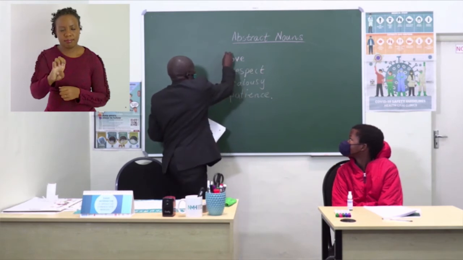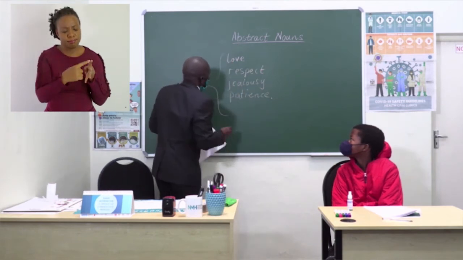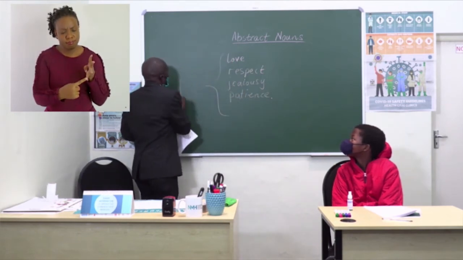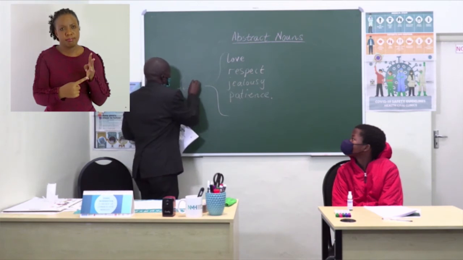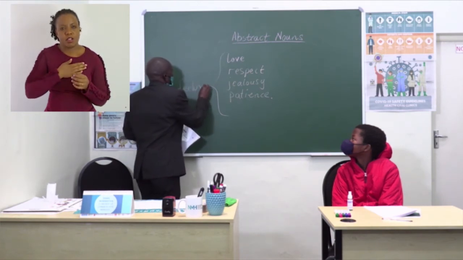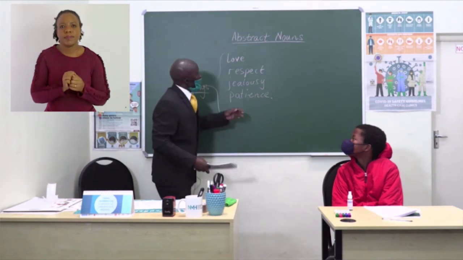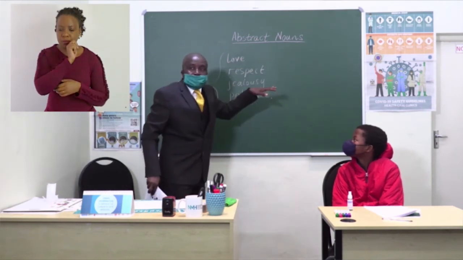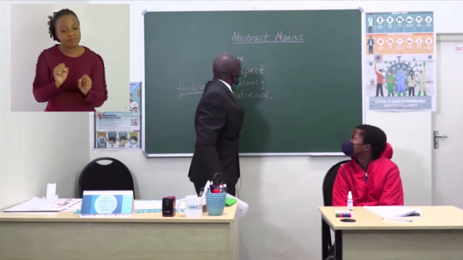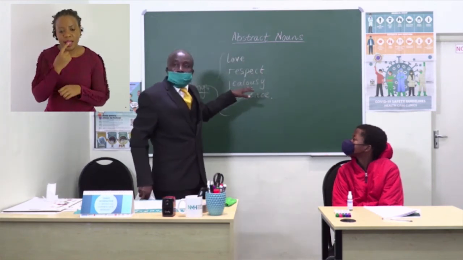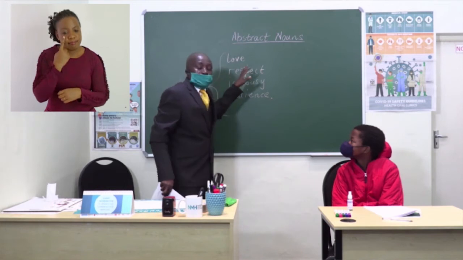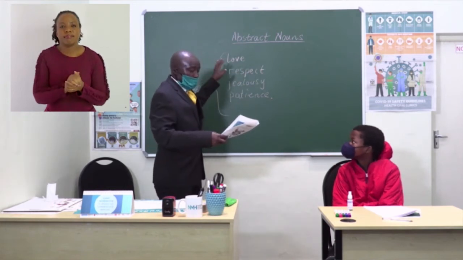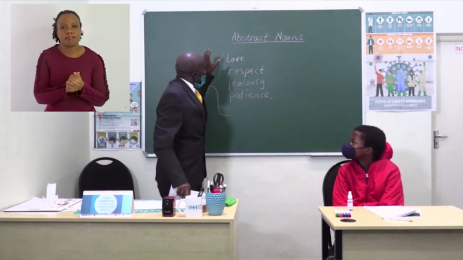Right. All these words have something to do with our feelings. We said an abstract noun, you cannot touch, you cannot taste, you cannot see it, or even hold it.